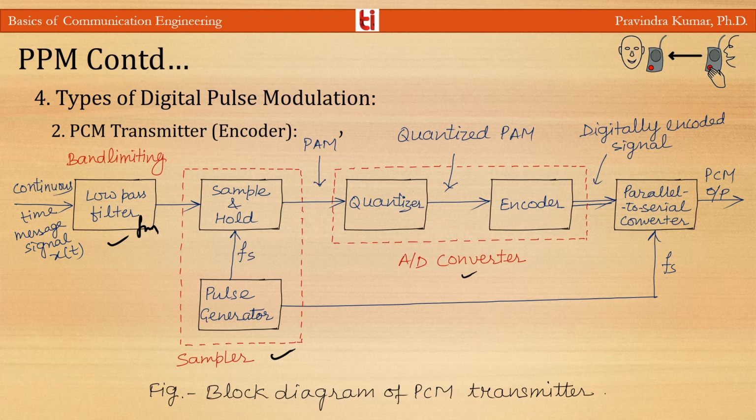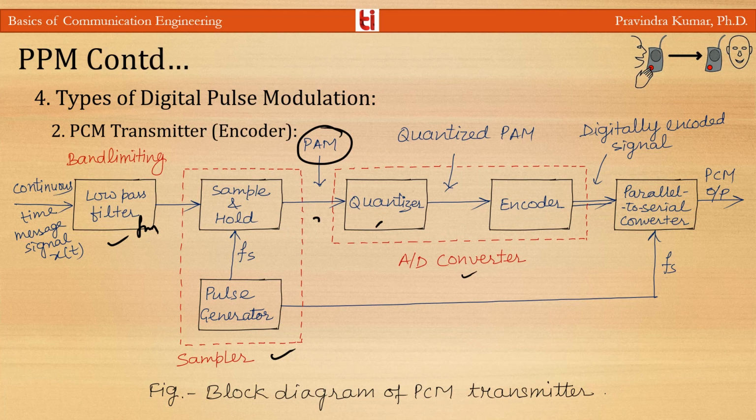The band limited analog signal is then passed to the sample and hold circuit, where it is sampled at an adequately high sampling rate. Output of the sample and hold block is a flat top PAM signal. These sampled PAM signals are then applied to the quantizer. Quantization is the process which makes the digital communication system have superior noise performance.